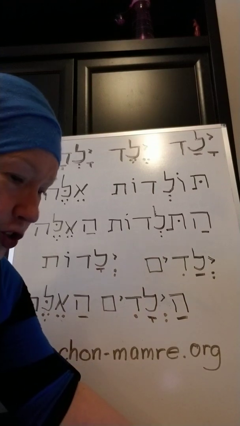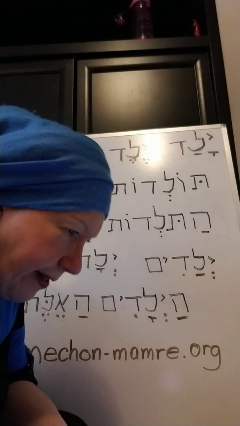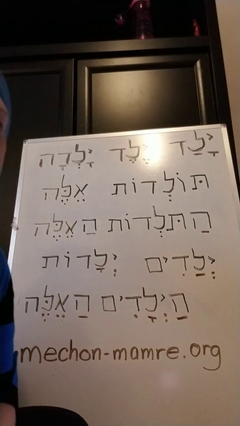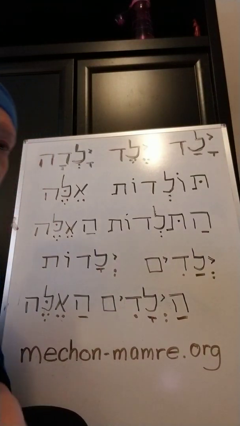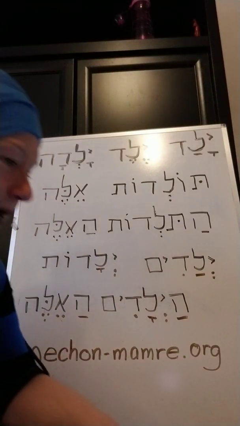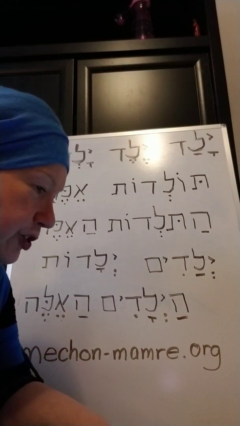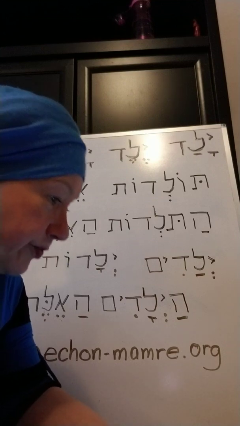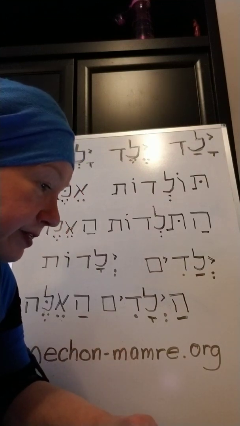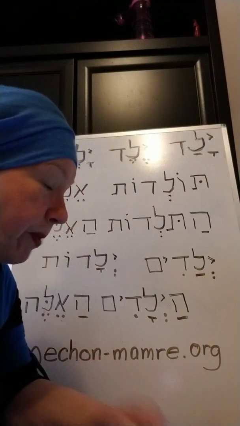It's not just describing the generations. And you have to supply some words there to make it work out well in English. All it says is these, and these generations Peretz.